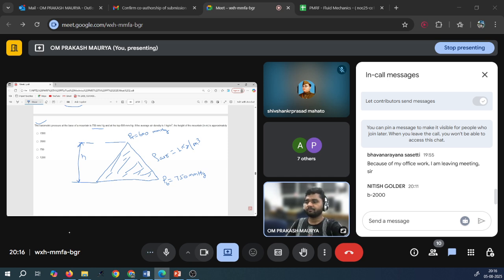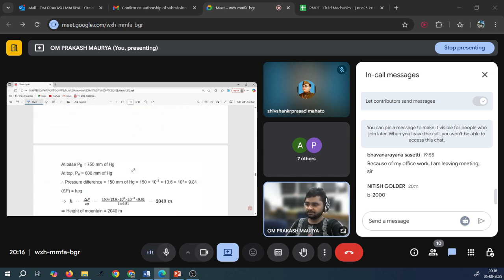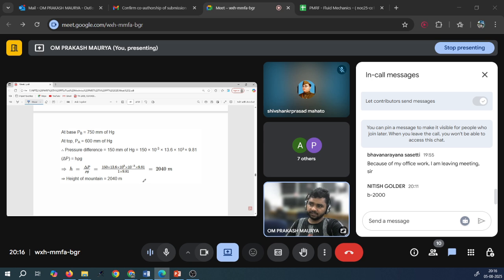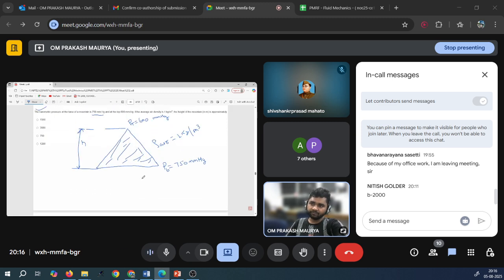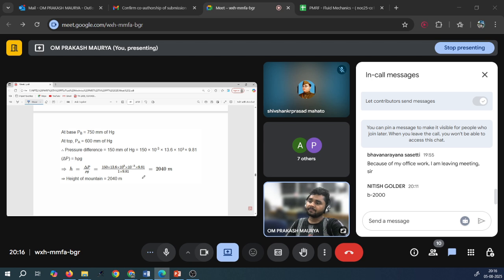Okay, so let me just show you the answer. The pressure difference is how much? 750 minus 600, so the pressure difference is this much.